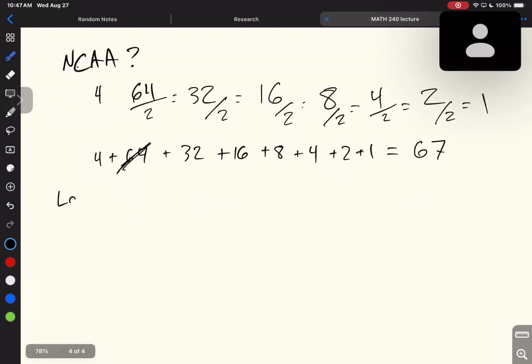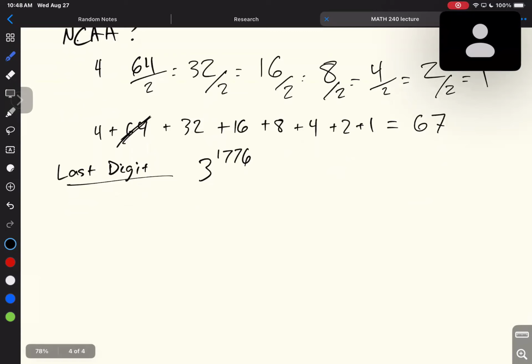Let's talk about the last digit. The number is 3 to the 1776. And this looks annoyingly difficult because I don't want to multiply 3 by itself 1,776 times.